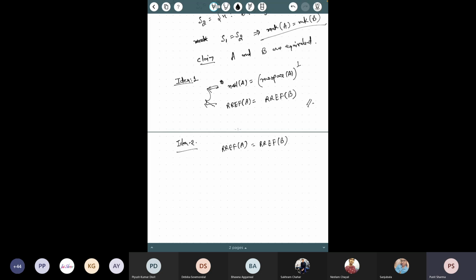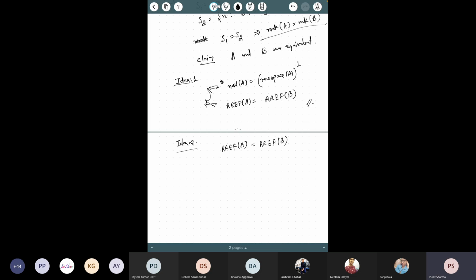You consider this, and convince yourself that this cannot happen, and therefore the row reduced echelon form of A is the same as that of B, and this implies that A and B are equivalent.